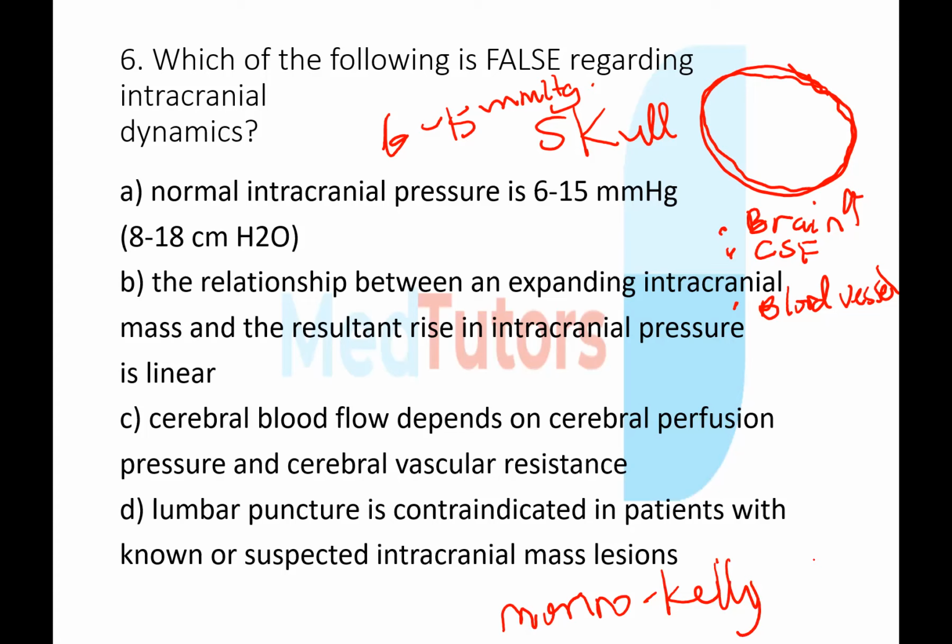Because these three components are in a constant proportion within the fixed, rigid cavity, an increase in any one of these components will lead to displacement of the other two in order to maintain the intracranial pressure. Because if there is an increase without displacement of the others, there will be increased intracranial pressure, which is detrimental.